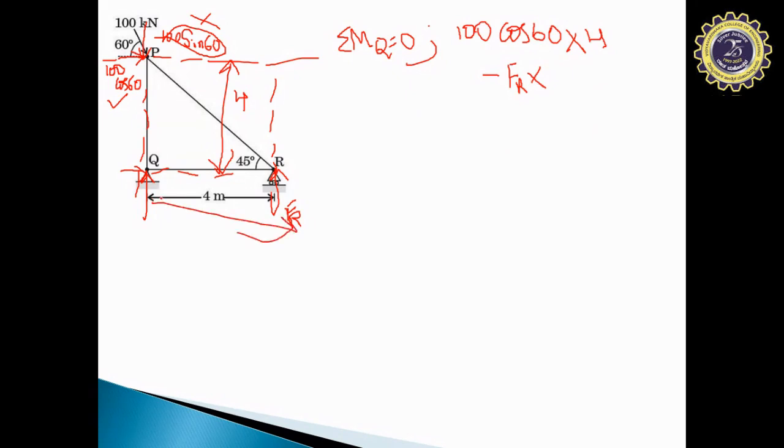What is this distance? 4 meter. So multiplied by 4, which will be equal to 0. Now if you solve this particular equation, you will get F_R equal to 50 kilonewton.